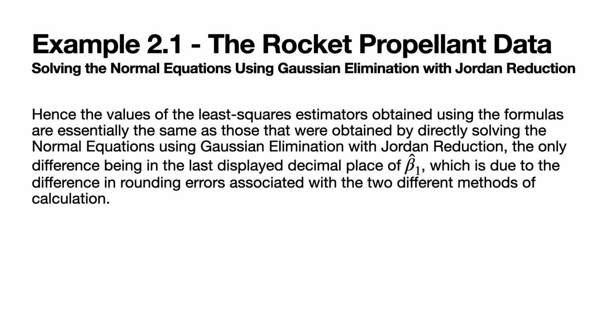The values of the least squares estimators obtained using the formulas are essentially the same as those obtained by directly solving the normal equations using Gaussian elimination with Jordan reduction. The only difference is in the last displayed decimal place of beta 1 hat, and this is due to the difference in rounding errors associated with the two different methods of calculation.